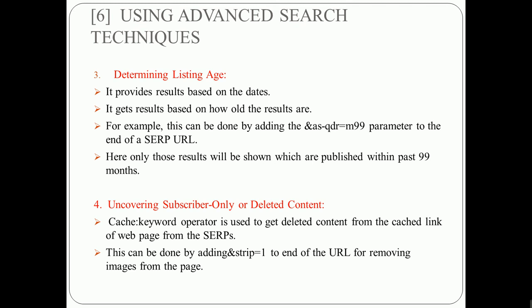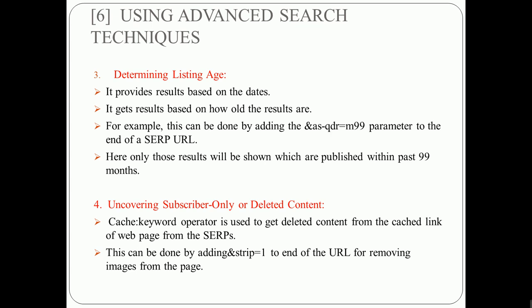Then after, the next point is uncovering a subscriber's only for deleted content. So if the content is deleted, maybe it's an image, text, or video that is deleted, and you have subscribed to it, then how can you get this result?